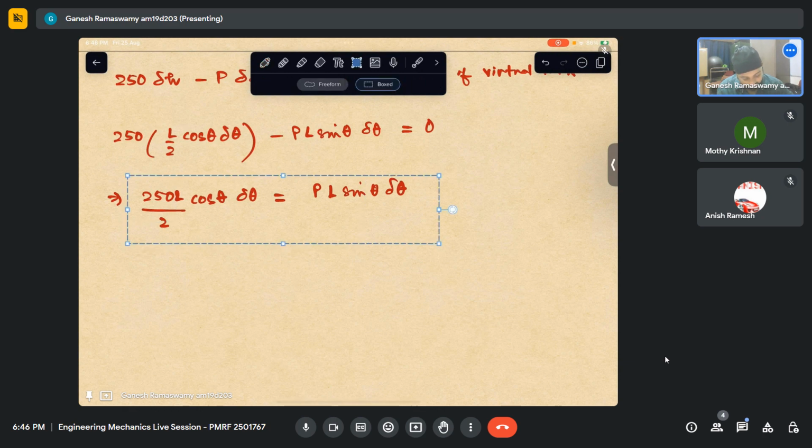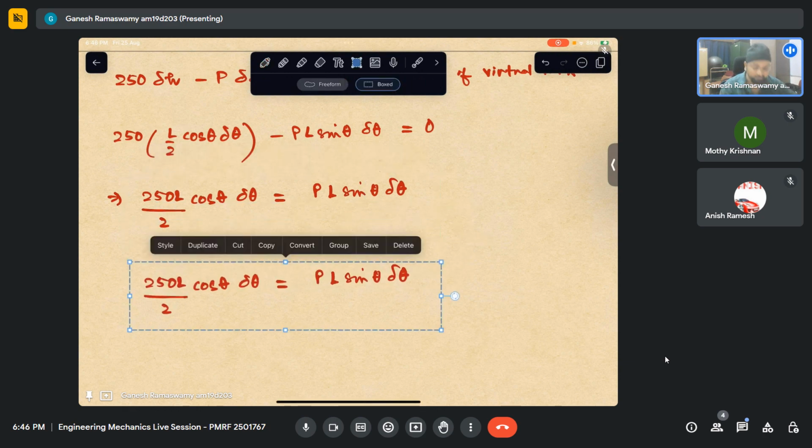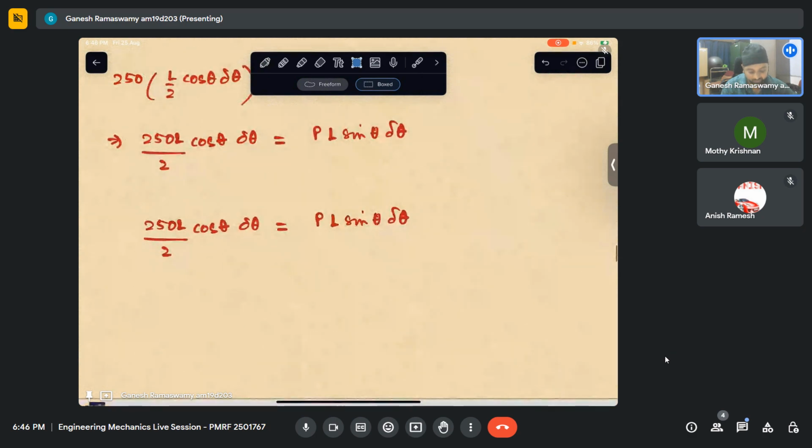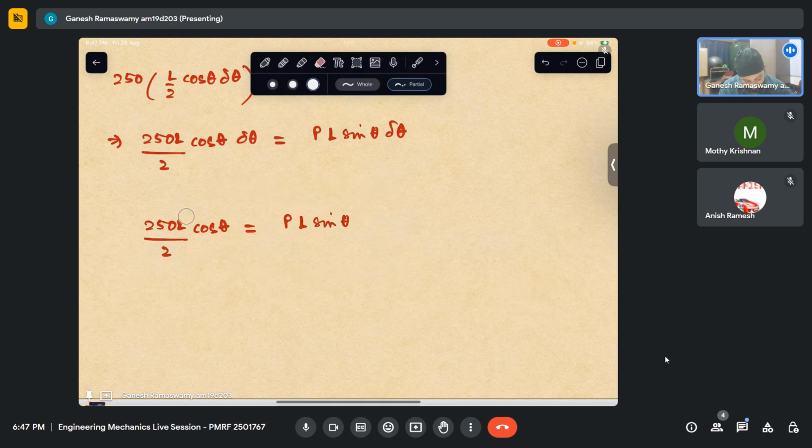Now I have given an infinitesimal virtual displacement. So surely I can cut these out. It will not give me that 0 by 0 problem. What else can we eliminate from here? We can eliminate L from both ends.